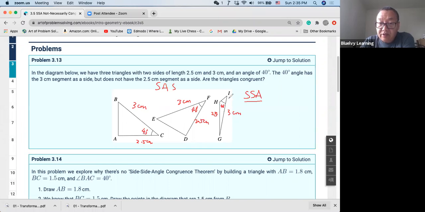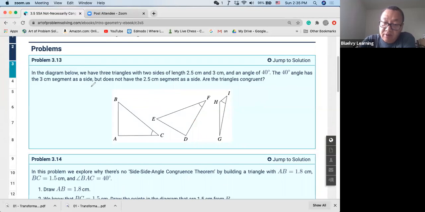This side equals this side, equals this side, and this angle equals this angle, but you cannot guarantee these two triangles are congruent, right? Now let's see what the reason is.